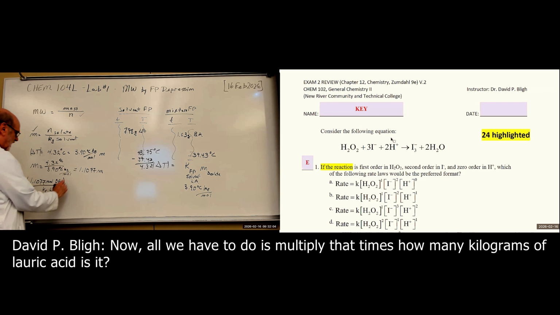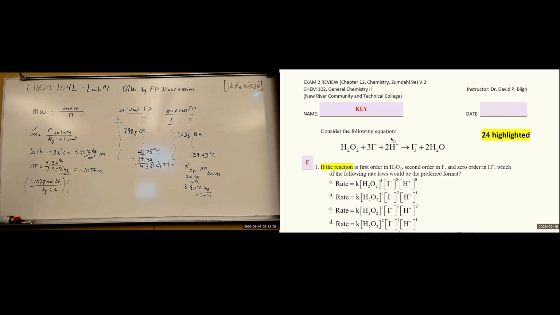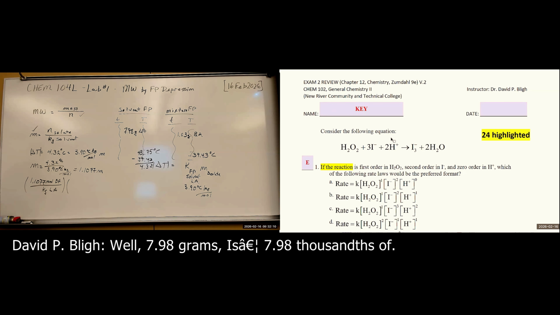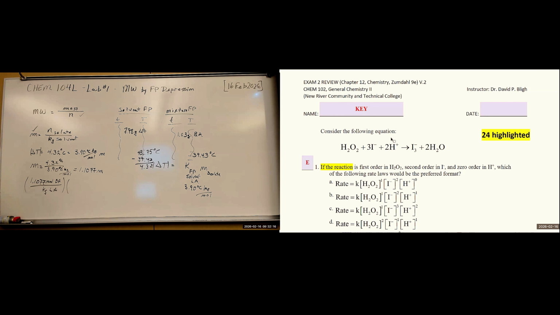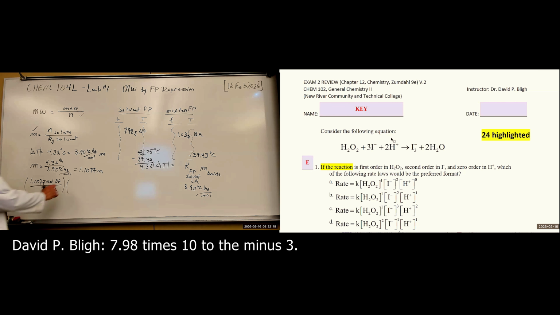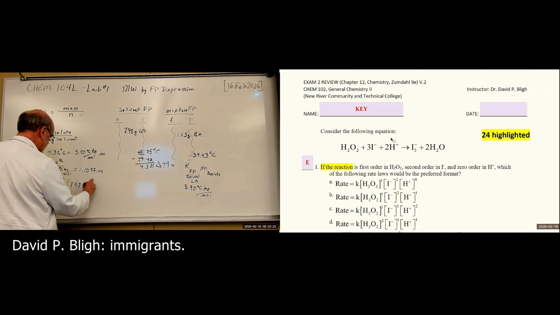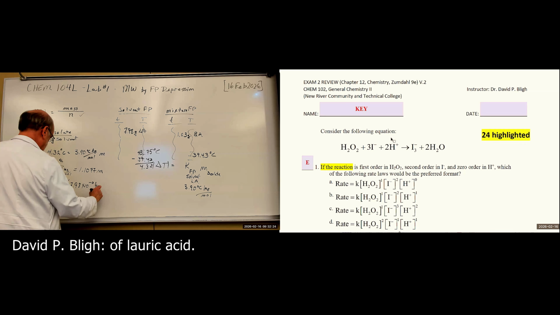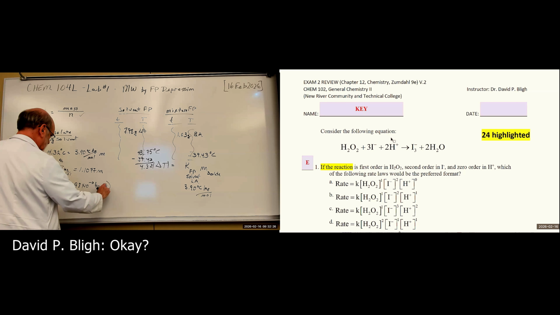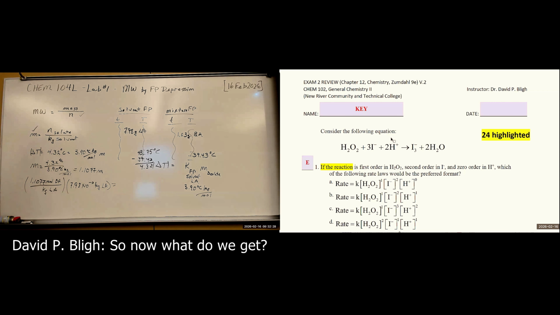Now all we have to do is multiply that times how many kilograms of lauric acid it is. Well, 7.98 grams is 7.98 times 10 to the minus 3 kilograms of lauric acid. So now what do we get?